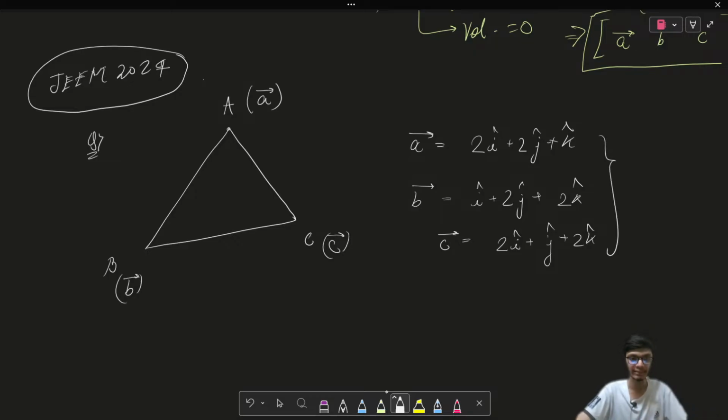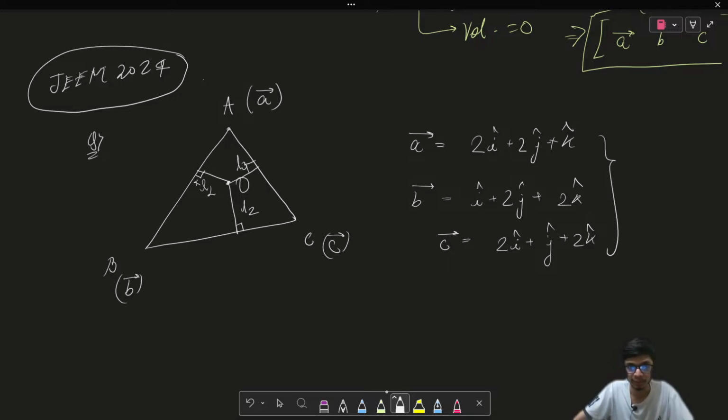It is said that L1, L2, L3 are the lengths of the perpendiculars drawn from the orthocenter. So for this triangle, if I draw the orthocenter, and from it draw perpendiculars on the sides AB, BC and CA, then these perpendicular lengths are given as L1, L2 and L3 respectively.